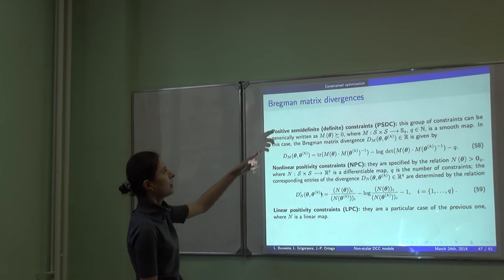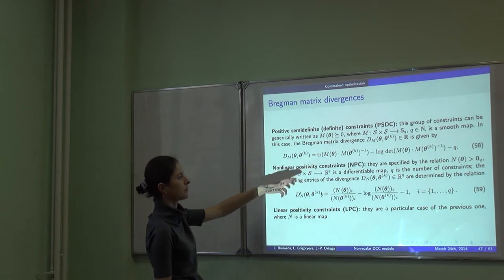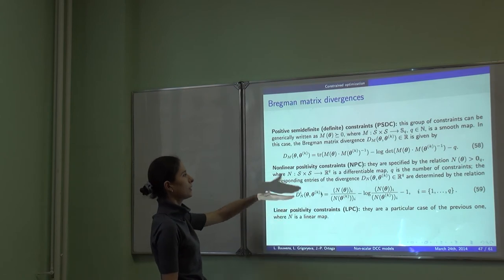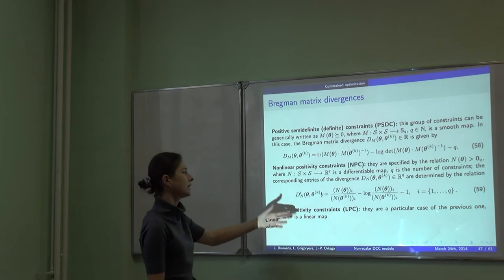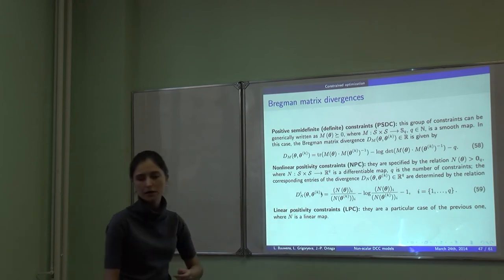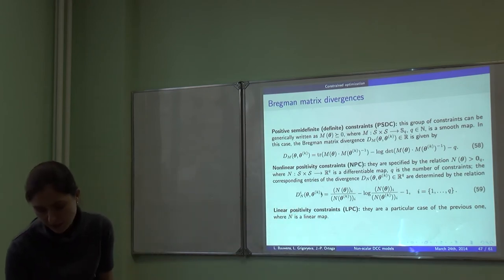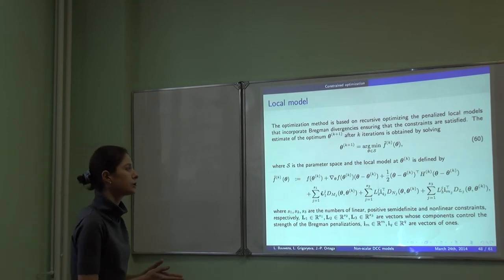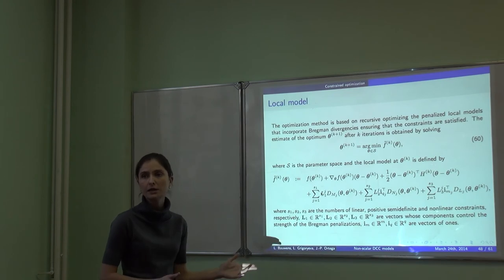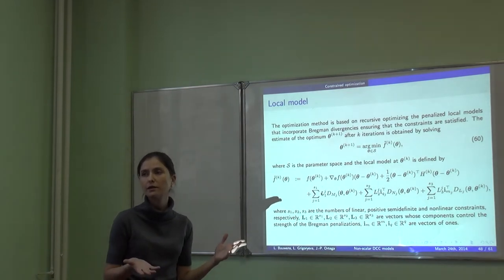So we have our semi-definite or definite constraints that involve parameter matrices. We have our nonlinear positivity constraints, like for example in the case of Ullmann, and of course the linear positivity constraints. This is easy, for example, for the scalar model. What we have to know is that for any of these models that I listed, we can come up with the explicit way to write it down.